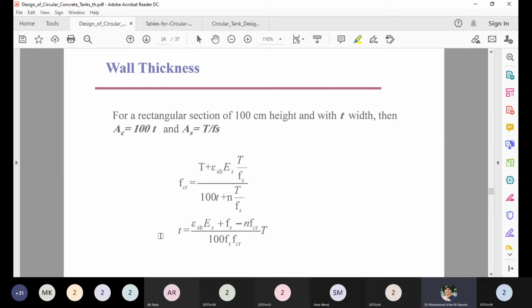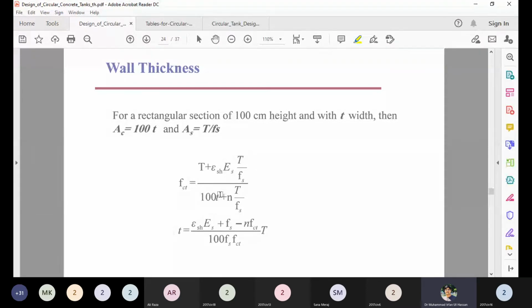And by using the last expression written in the last line, this will give you the answer in centimeters, because 100 is put as the area of the concrete, which is replaced by 100 into T. And if you put the units in the other system of units, you have to be consistent in the units.